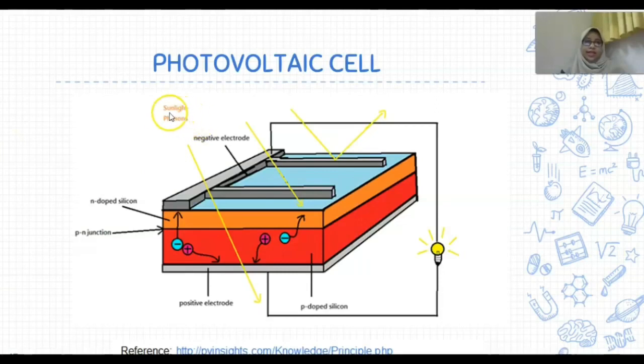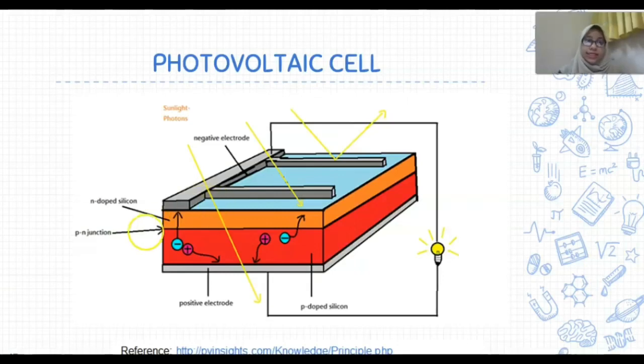So, when sunlight hits the photons, photon will excite some of the electron, as I said earlier, in the semiconductor. So it will become electron hole pair or negative positive pair.